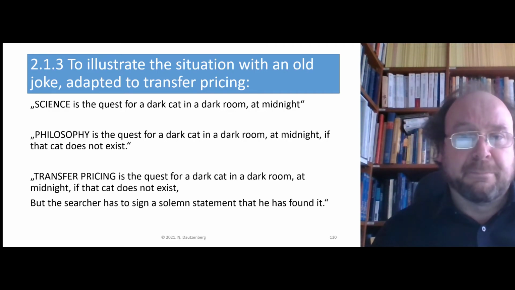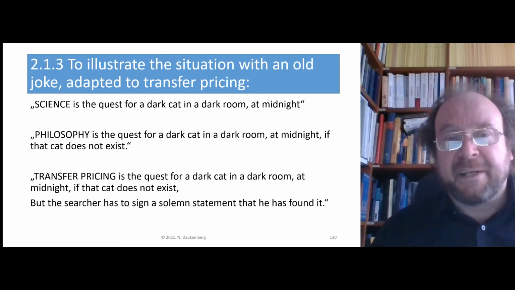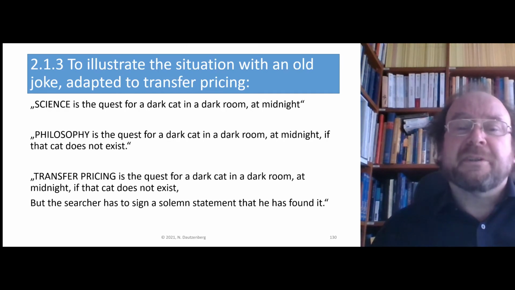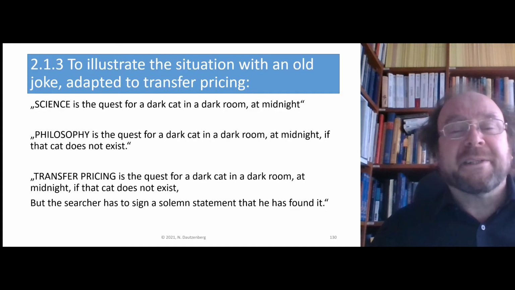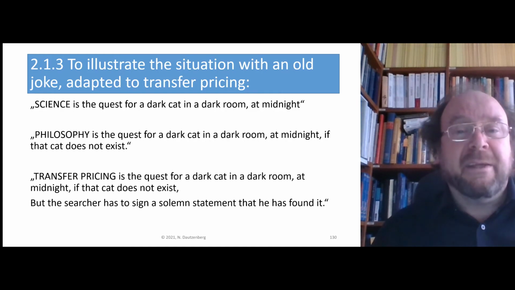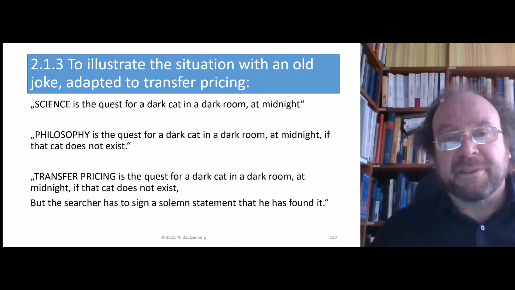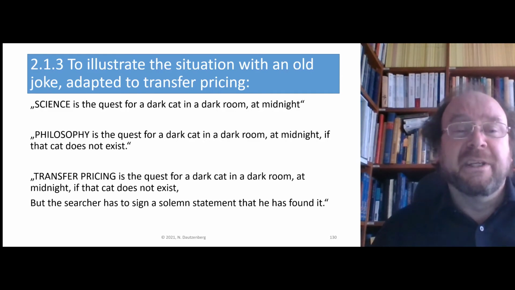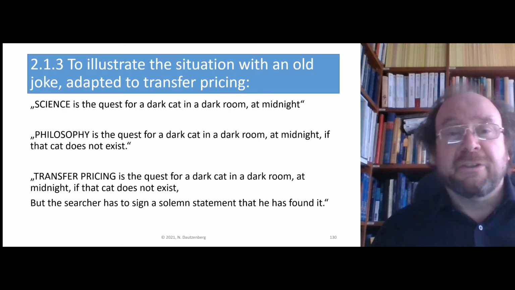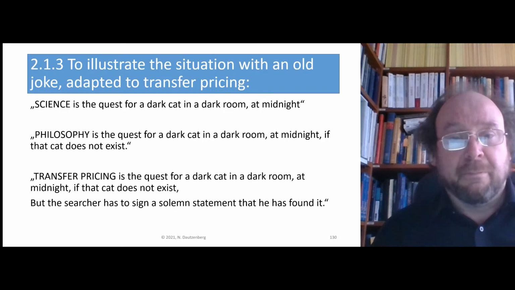he has found it. And that is exactly the situation when it comes to transfer pricing, and that is why it's always so vague and so different, and always a question in the final end of what all the people involved agree upon. Which fiction do we want to decide for?